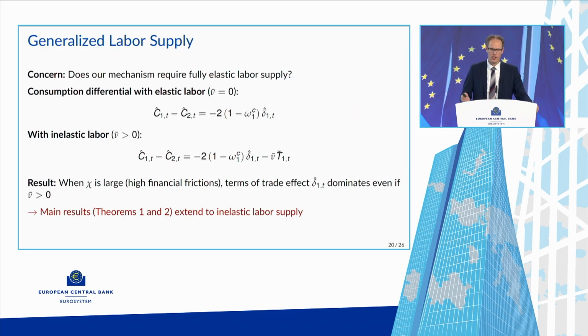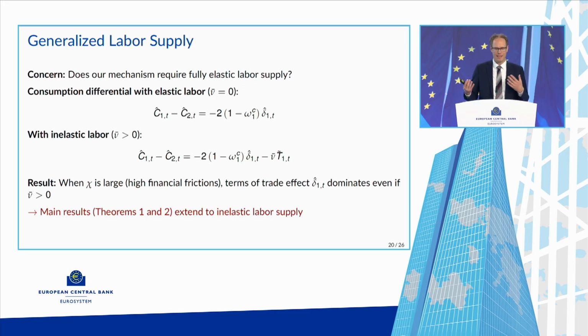Now, the other dimension I briefly wanted to point to is the labor supply, because I had it linear. So now we introduce a different labor supply, where we allow the labor supply to be somewhat less elastic, less than fully elastic. You may wonder, well, in that case you have a richer interaction. The relative consumption differential is no longer just proportional to the terms of trade, as it is when labor is fully elastic.